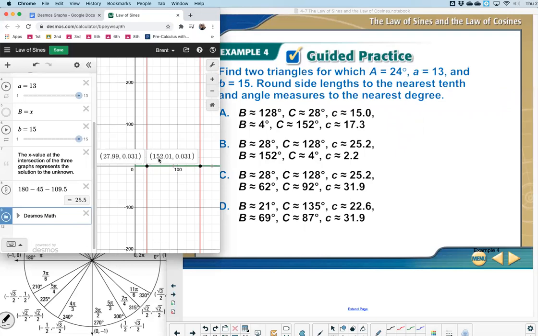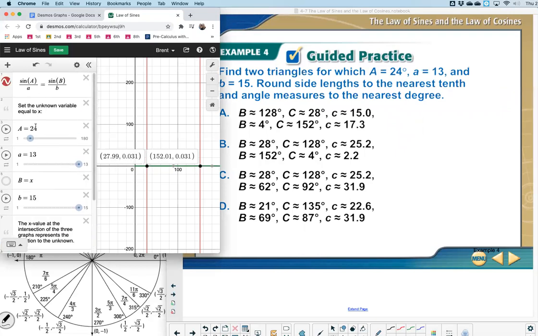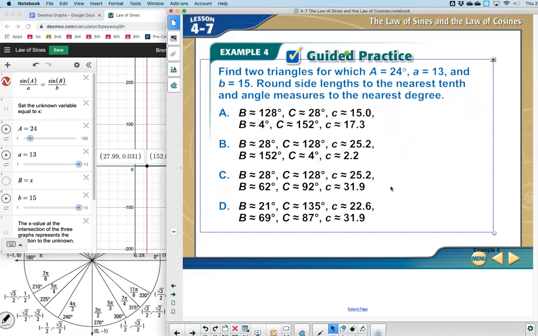If those two angles were combined to our first angle here of 24, would we still be under 180 or do we go over? Specifically, 152 plus 24. Is 24 plus 152 more than or less than 180? 24 degrees plus 152 degrees equals 176 degrees, which is less than 180.